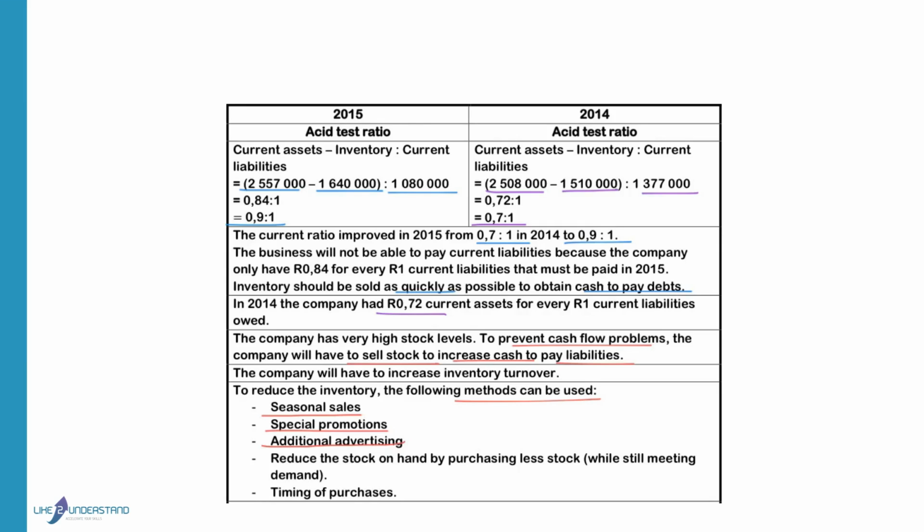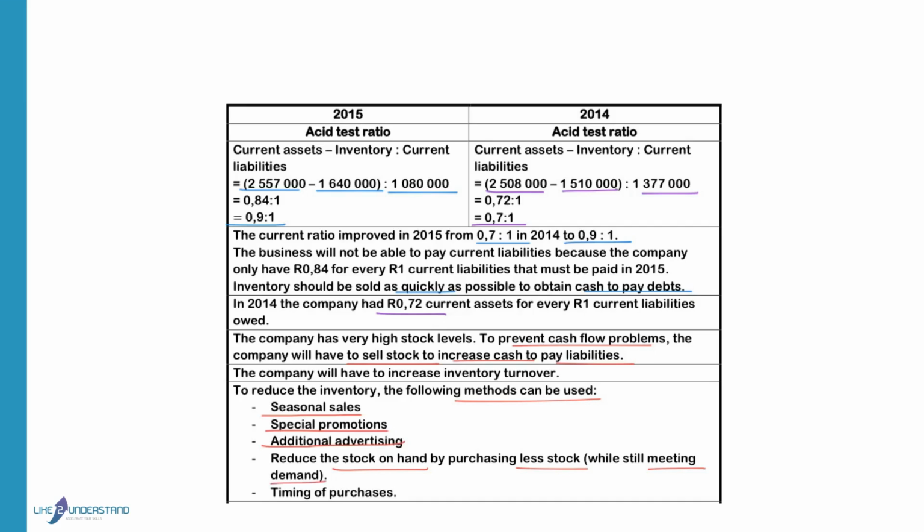We can also reduce the stock on hand by purchasing less stock. So if we see that we have a lot of stock, we can stop buying stock to reduce our stock, but we must make sure that we have enough stock on hand in every different type of product that we sell, that we will meet the demand of the public.